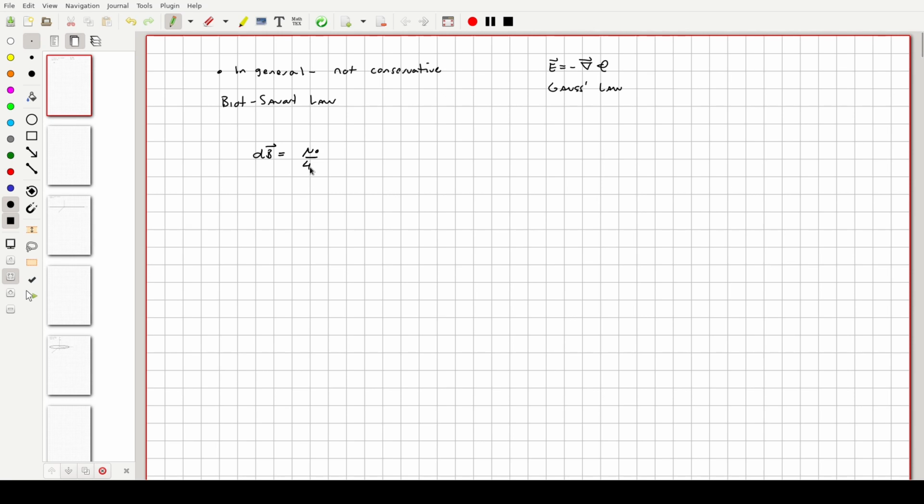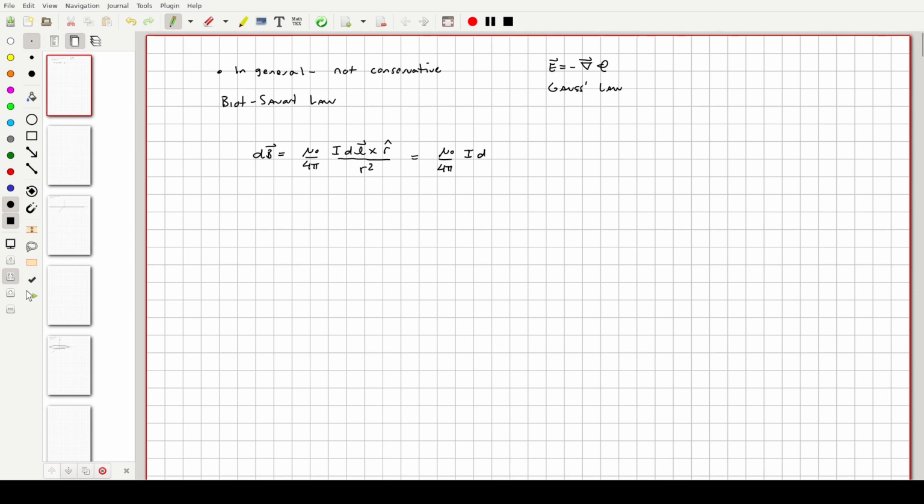That's mu naught over 4 pi, and I'm going to get to what mu naught is in a moment. I dl vector cross r hat over r squared. This is one form. This is the form that your book uses. The form that I prefer to use, which I will be using in this video and future videos, is this one right here.